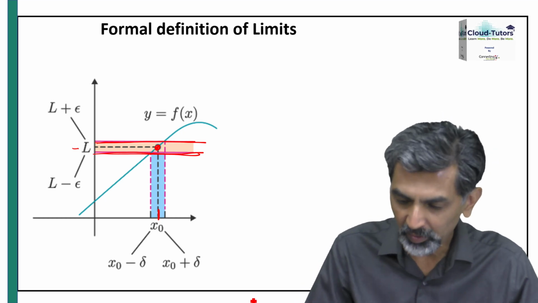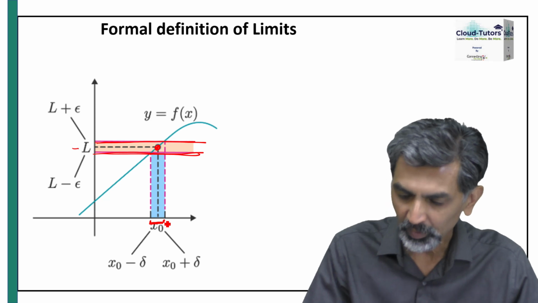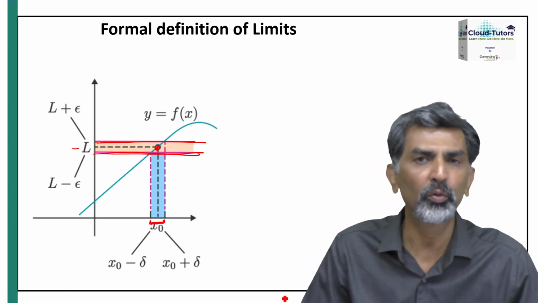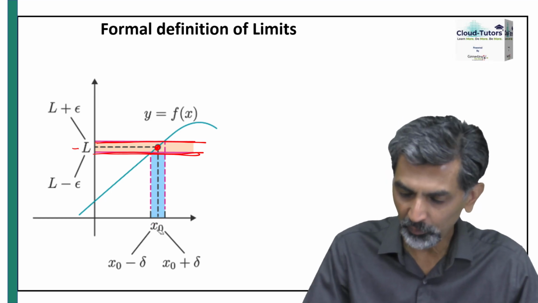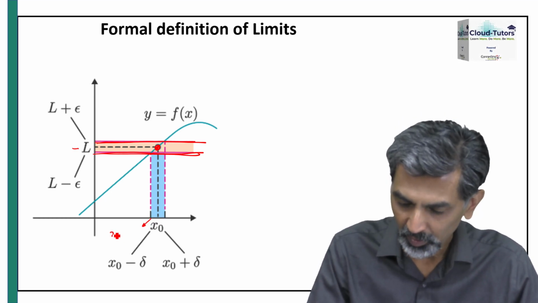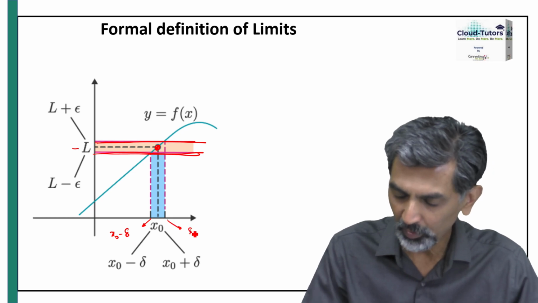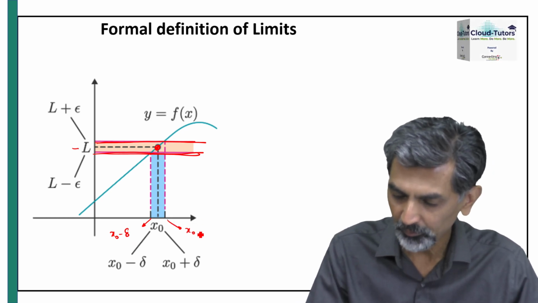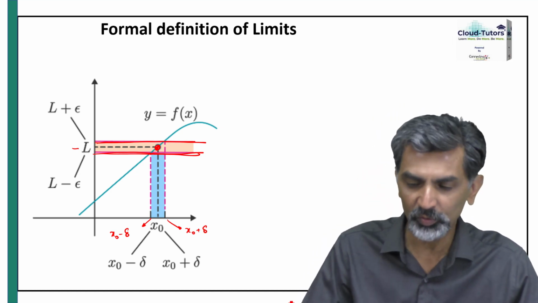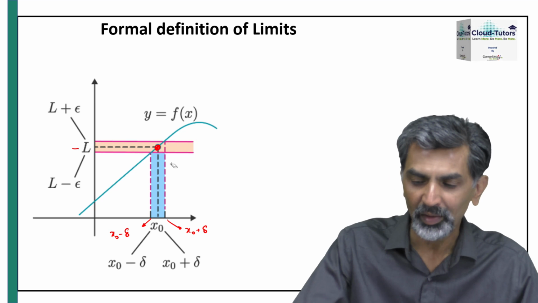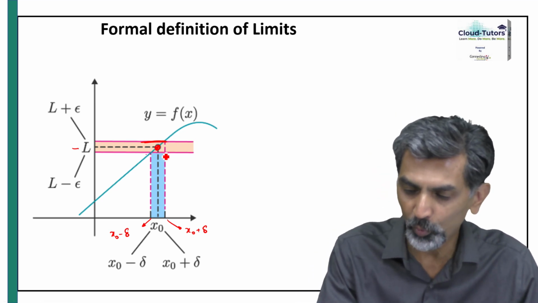How can I do that? By making sure that the value of x is in that narrow range on either side of x naught. So if x is between x naught minus delta and x naught plus delta, then you can see from the graph that f of x will be within these two values.